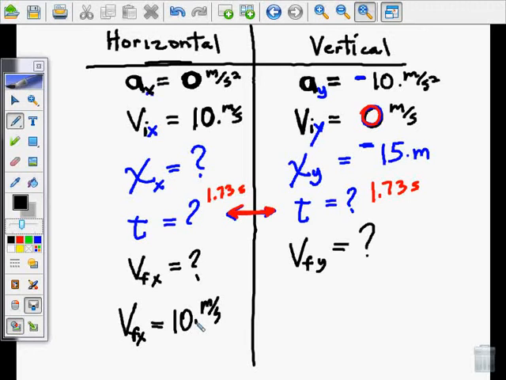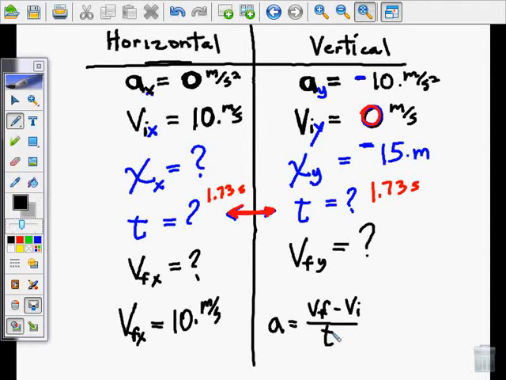But in the vertical direction, you're going to have to do a little calculation. Now, you could use the no time formula because you have the initial velocity, the acceleration, and the displacement. I personally like the acceleration formula: acceleration equals final velocity minus the initial velocity, divided by time, change in velocity over time.